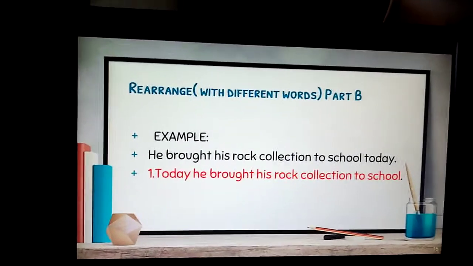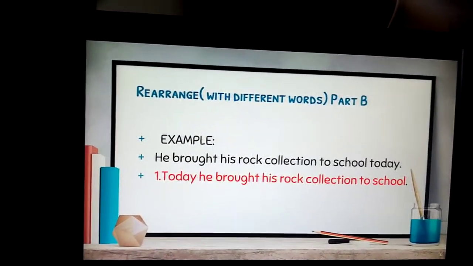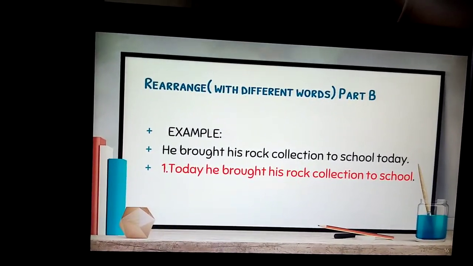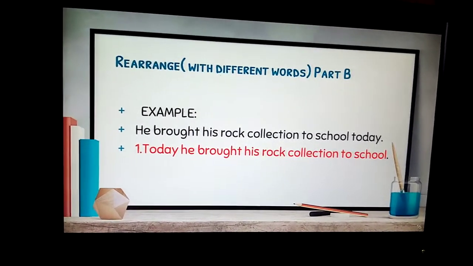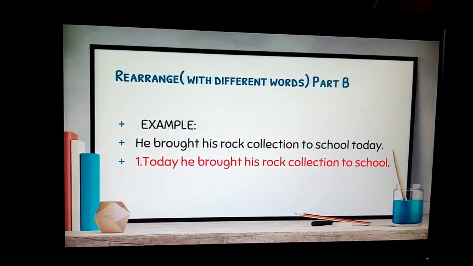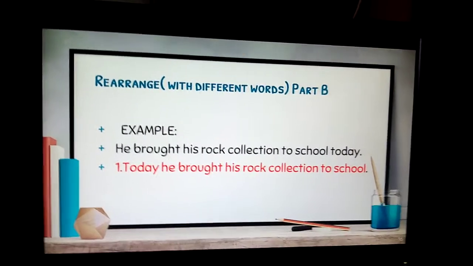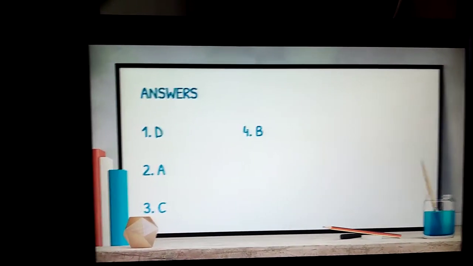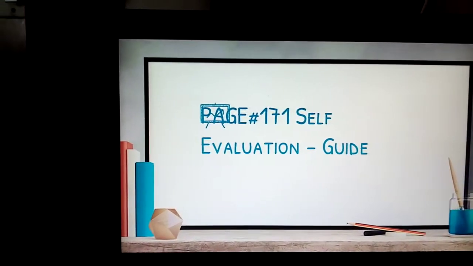Now we have to rearrange it in a different way. We're going to say, today he brought his rock collection to school. This is another way to say the same sentence. Look at the example so it will help you to answer the other sentences. Here you have the answers D, A, C, B of part A.